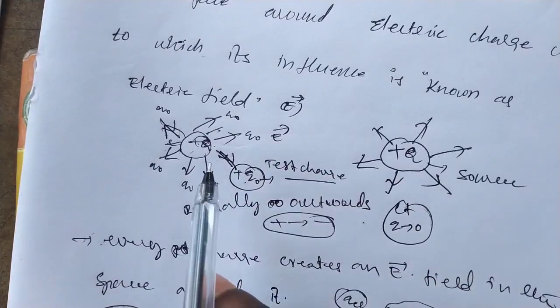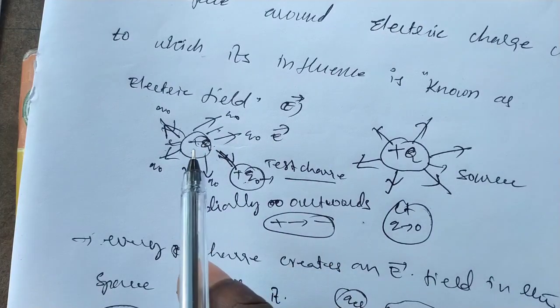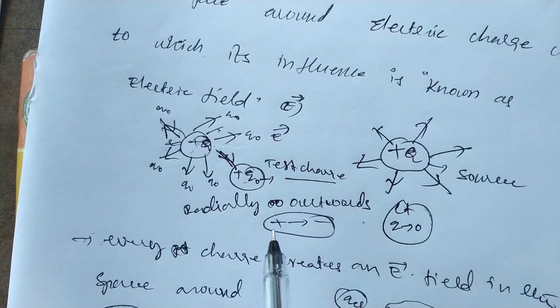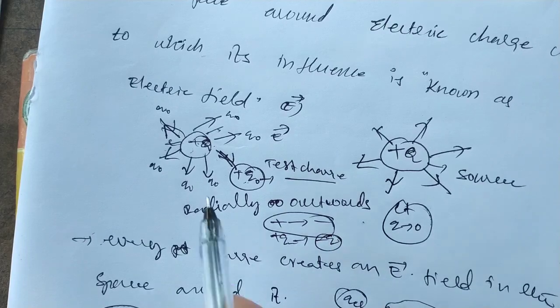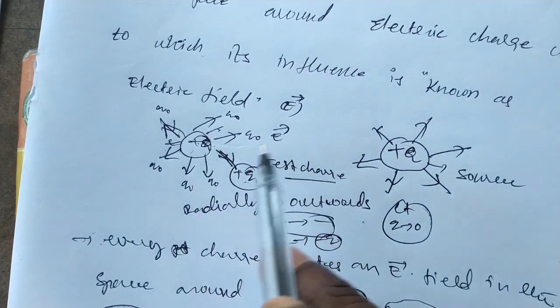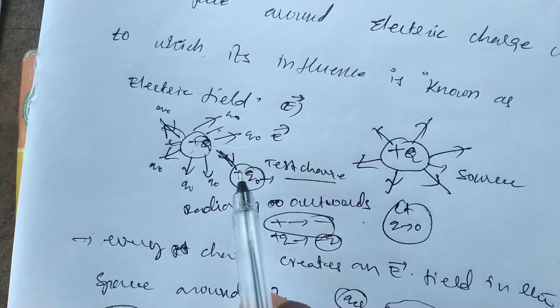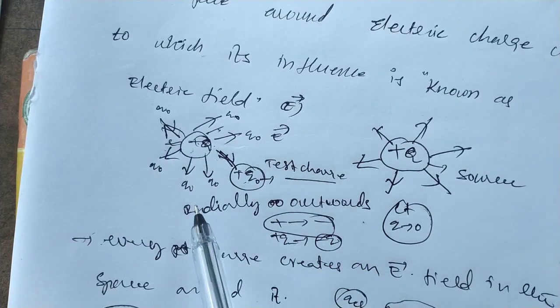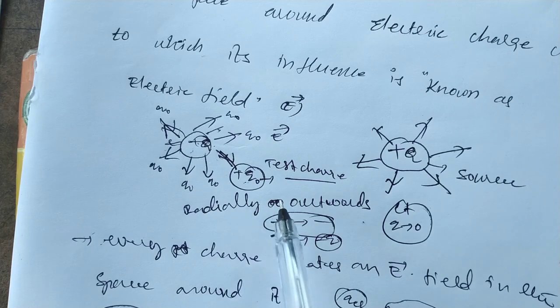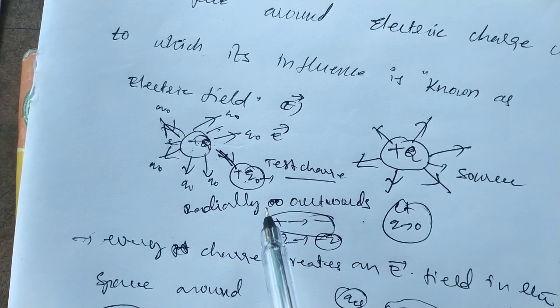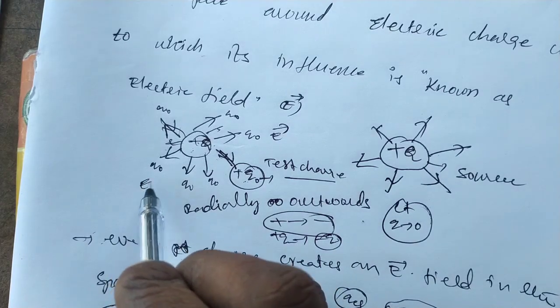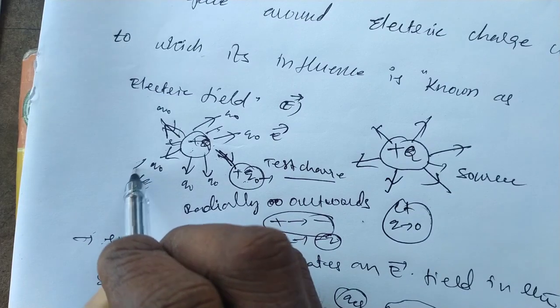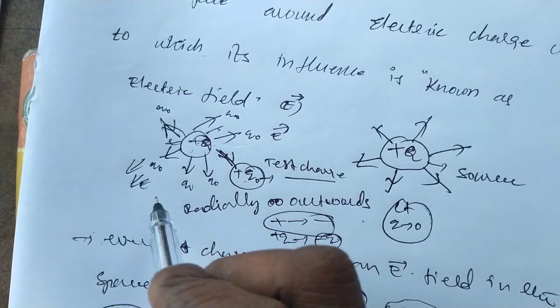Here, plus gives repulsion, that is, the lines of force go away from the charge. That means the electric lines go from plus q radially outwards, the electric field direction is away from it. Electric field is a vector quantity.